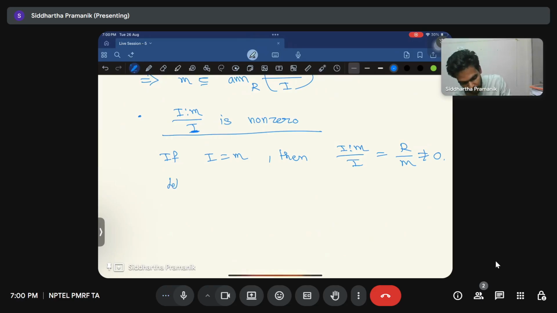So let I be a proper ideal, an ideal which is properly contained in M. Then there exists x which is in M but not in I.